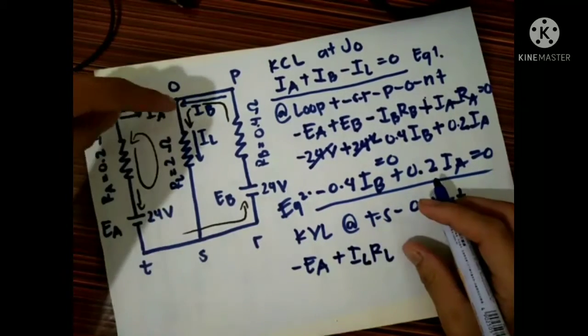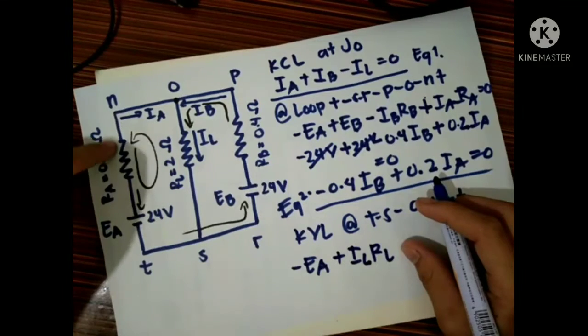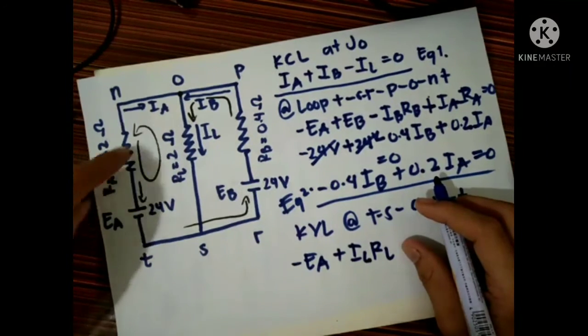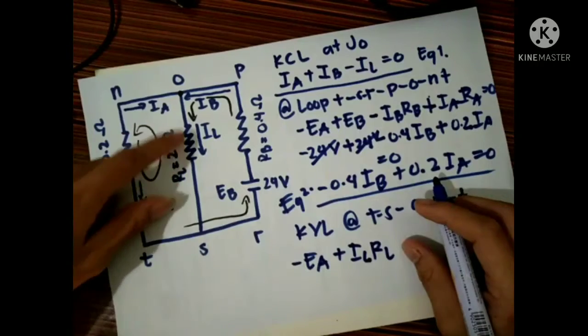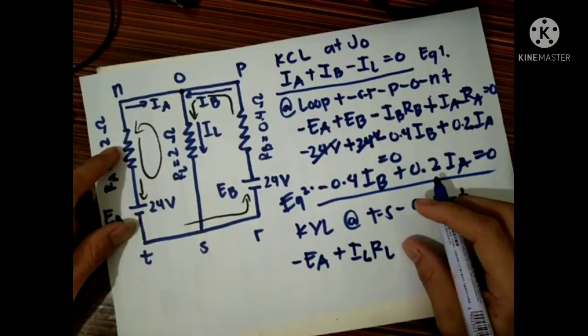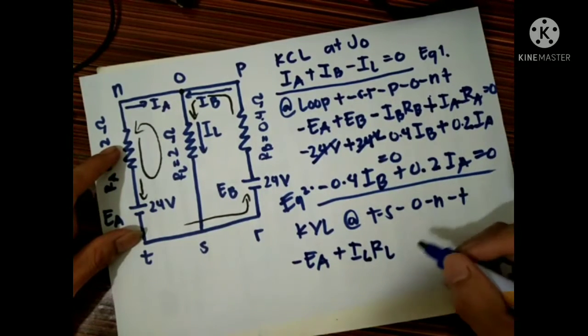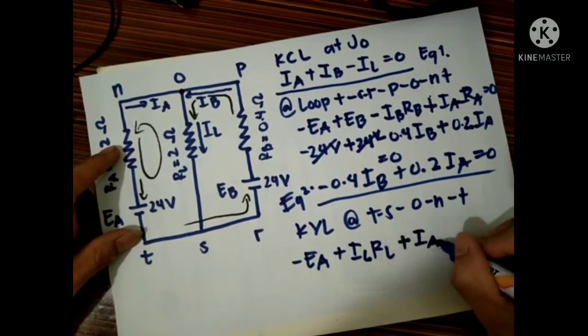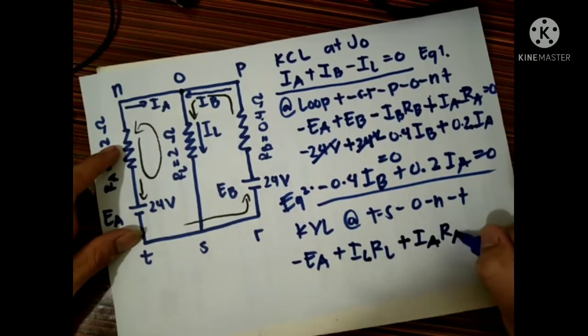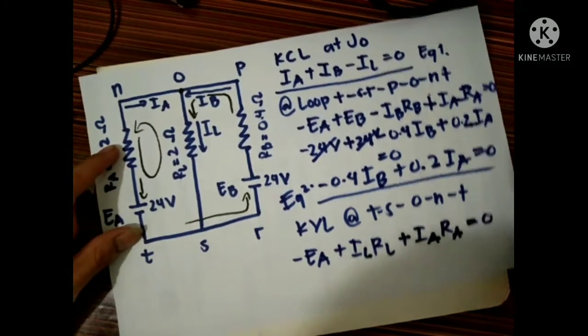Then it travels to RA and IA. Since it is opposite also, counterclockwise, this is a positive. So plus IA RA is equal to 0.